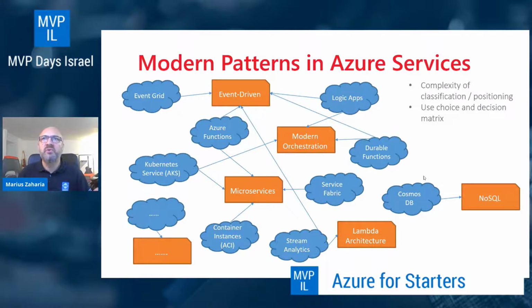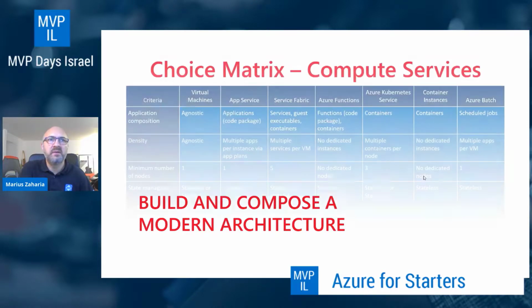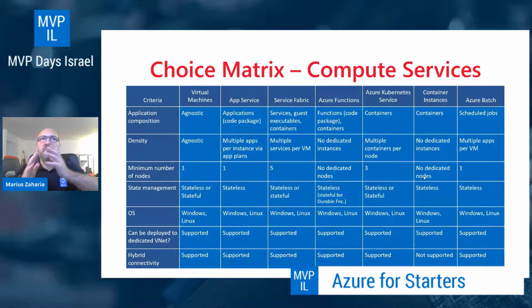And for that, we need to use a decision matrix and choice matrix, because today it becomes pretty complex to see that. I will just show you two examples of that for building and composing a modern architecture. The first example is to have this kind of choice matrix, when you, for example, choose a particular service or pattern based on your criteria, which are, for example, is hybrid connectivity supported?